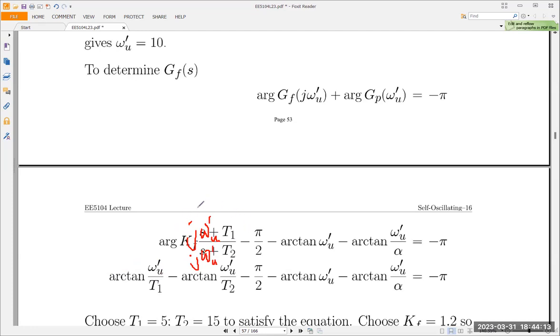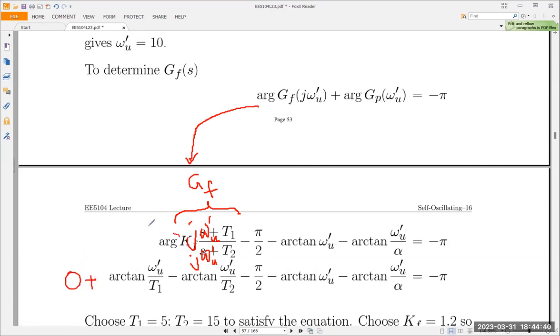So the phase of this, now this one is your GF. You need to find the phase of GF. The phase of K is 0, so you don't include it, or you can put a 0 here.